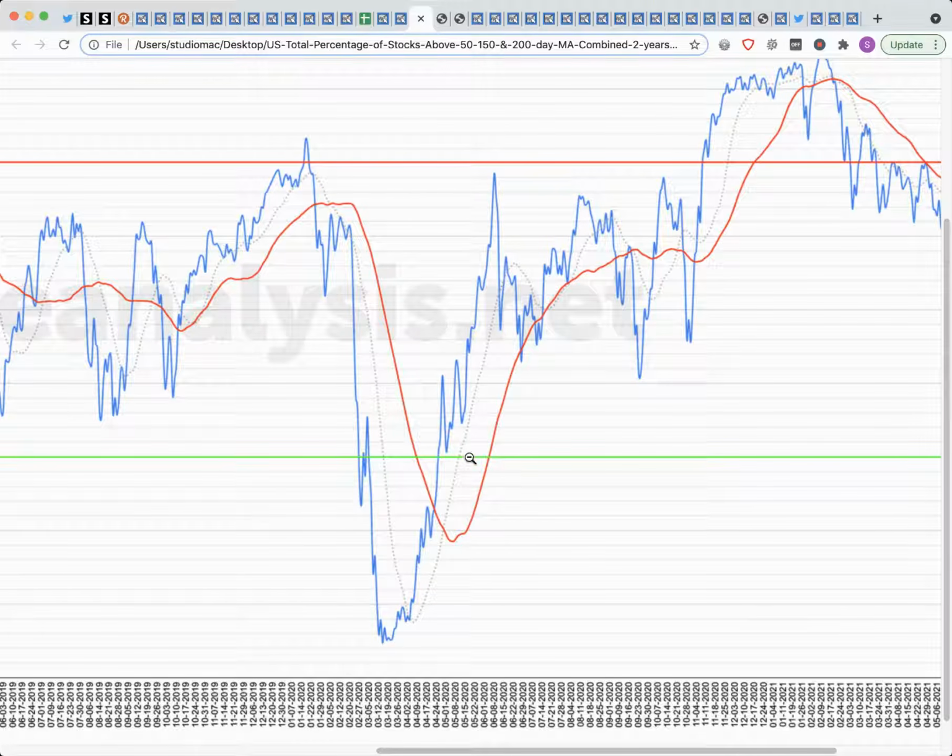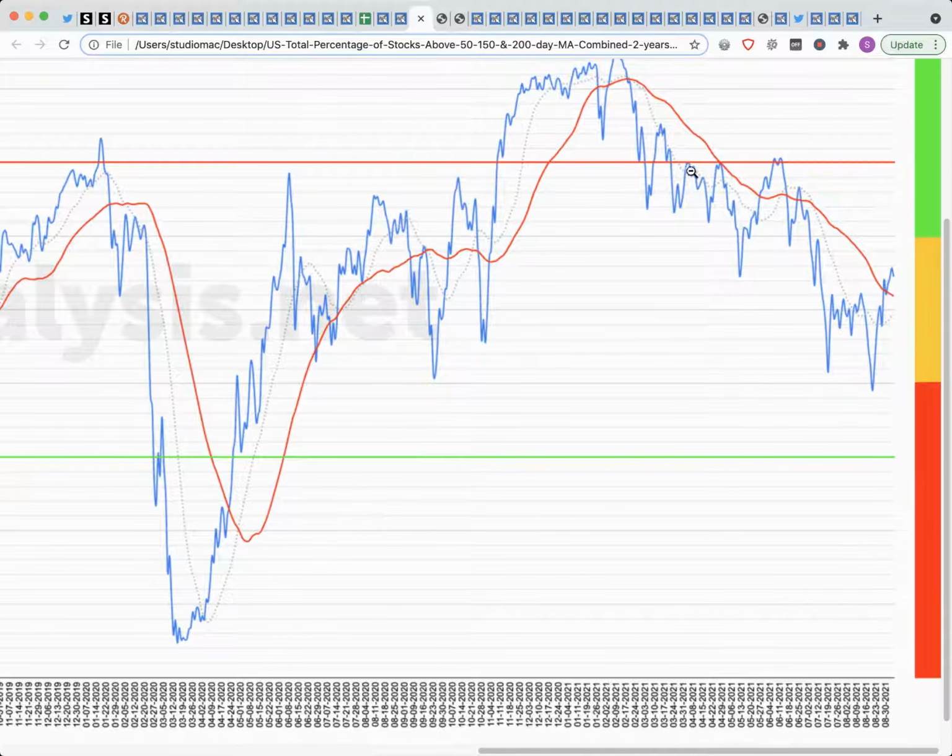That was a big buy signal for the market, and we had a positive environment throughout the majority of the year, except for brief pullback periods in September, October time. For the most part, from April all the way through to February, we were in a positive trading environment, whereas since late February this year, we've been in a negative, difficult trading environment.